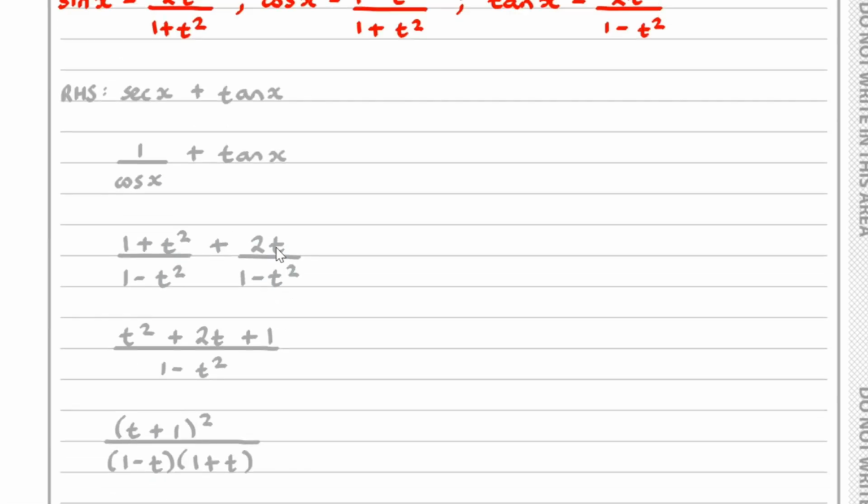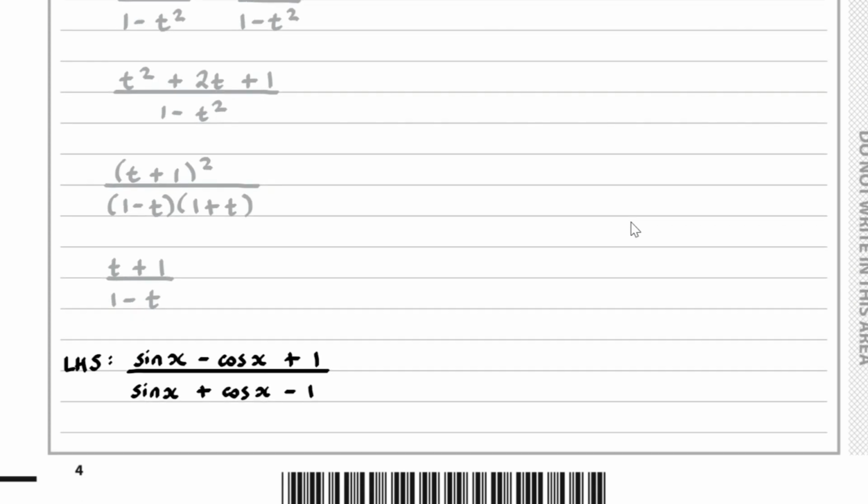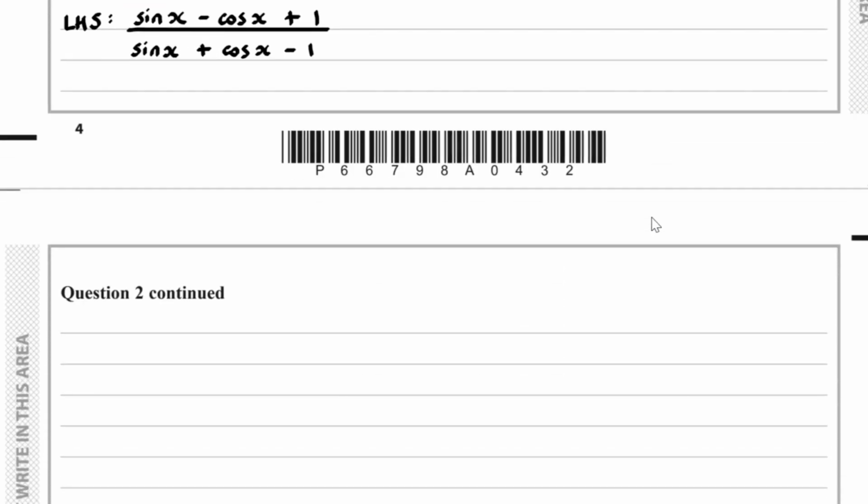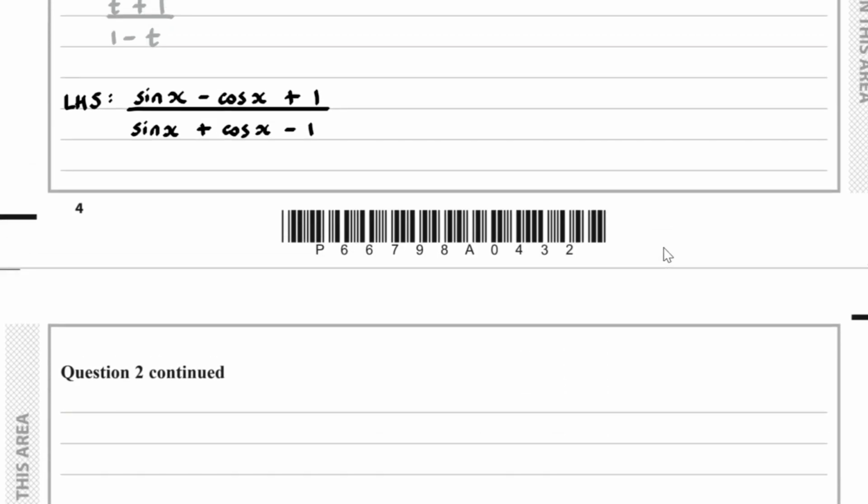And if we use the t formula, sin x, we know that's the same as 2t over 1 plus t squared.